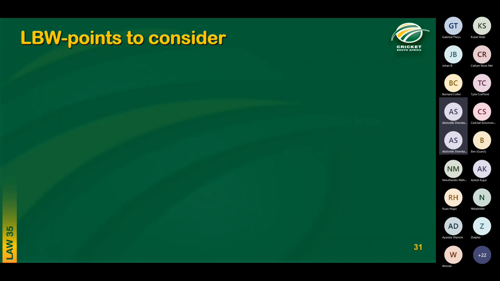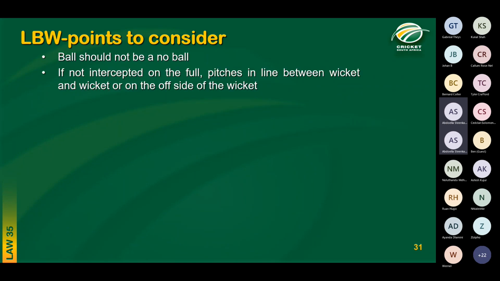So just to summarize the LBW points that you need to consider when there's an LBW appeal. First point, ball should not be a no ball. If not intercepted on the full, the ball needs to pitch in line between wicket and wicket or on the off side of the wicket. So the law's clear.